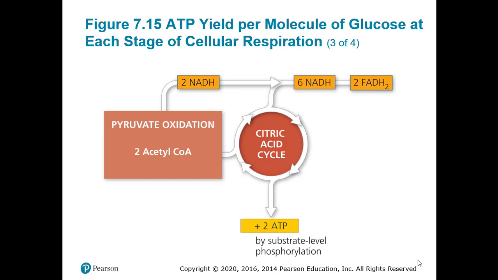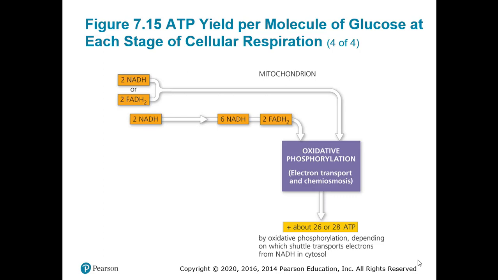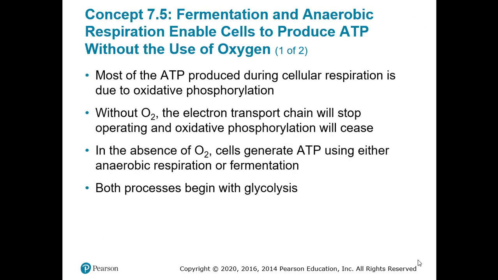We have 2 more ATP. And then all those, the 2 NADHs or the 2 FADHs plus the 2 NADHs from the pyruvate and the 6 NADH and FADH2 here are going to go into phosphorylation. And again, you're going to get about 26 or 28 ATP depending on what it says there.